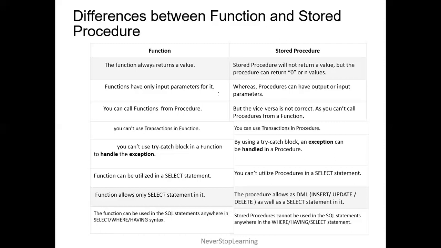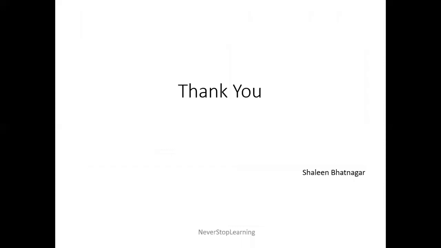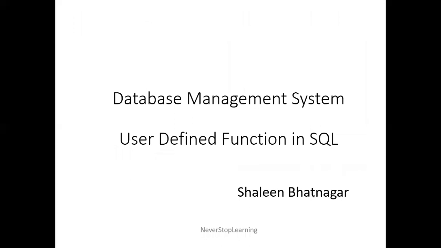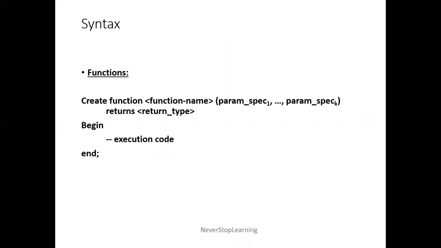So here we are going to see next the syntax of function. So here is the syntax for the function. As you can see, I have to write create function and then I have to give the function name. Now here I have to mention parameters. I have to mention the parameter specifics.